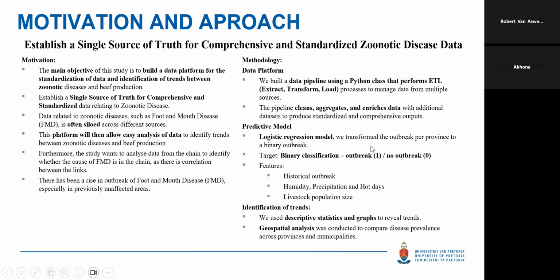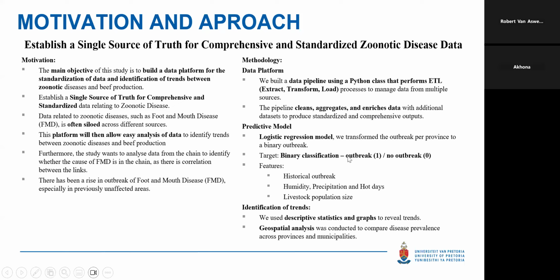And for the methodology of the platform, we use a data pipeline, which uses a Python class that arranges functions that extract, transform, and load the data. This pipeline cleans, aggregates, and enriches the data with additional sources.